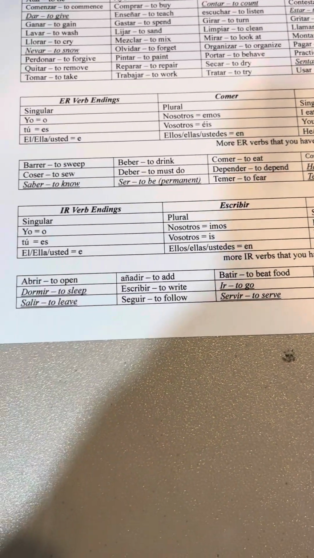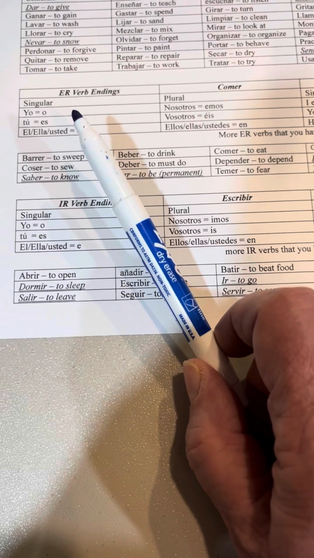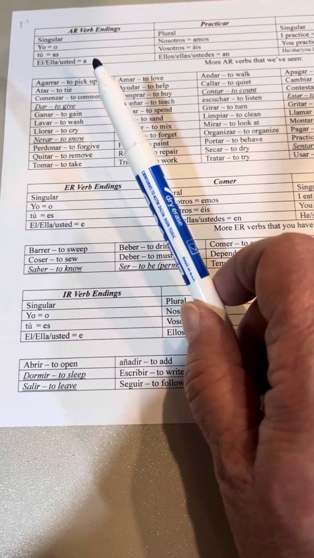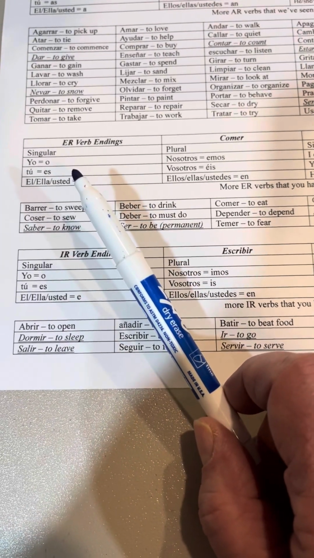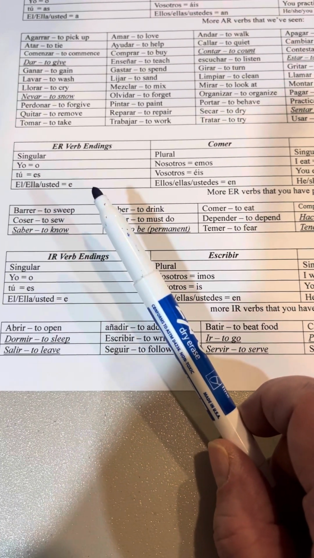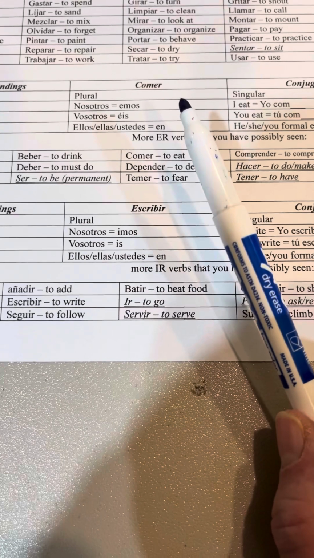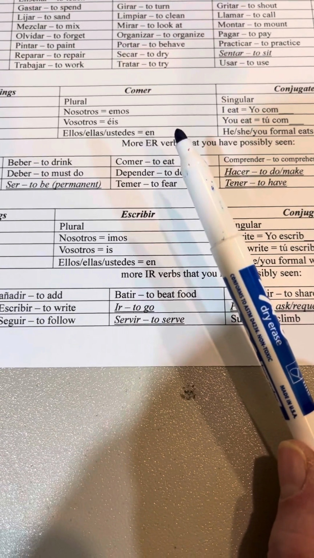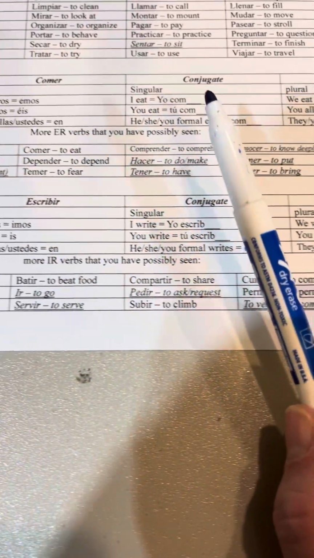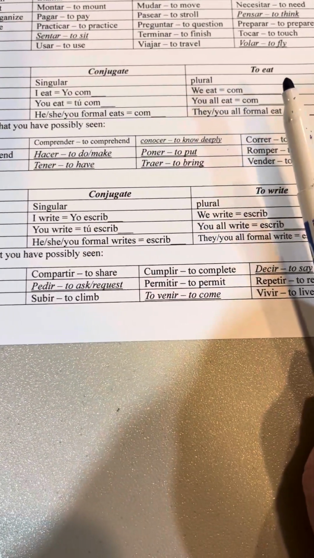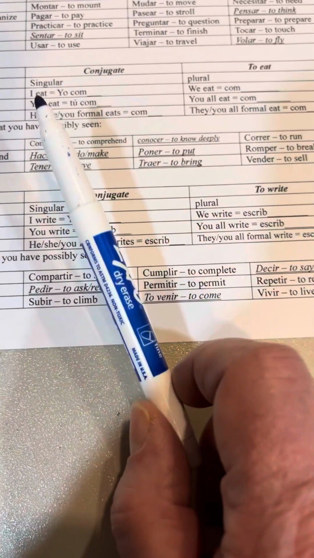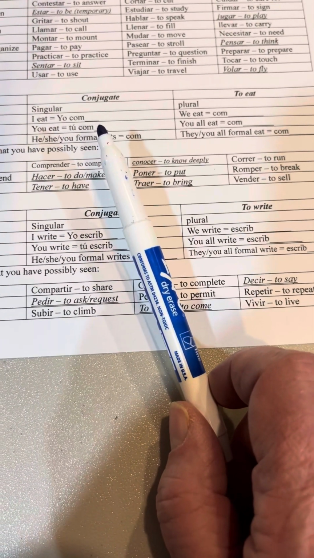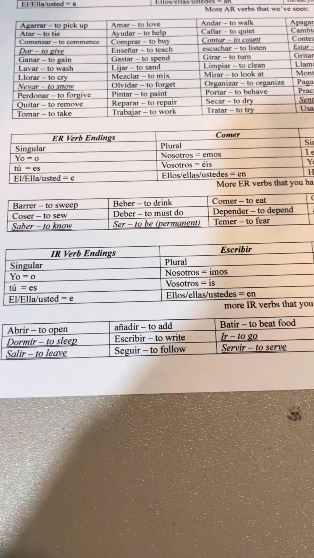So our endings are o, like the AR, but instead of being as, it's es. Then e, emos, éis, en. So if we're going to conjugate comer, it's going to be to eat. I eat becomes yo como. There's your ending.